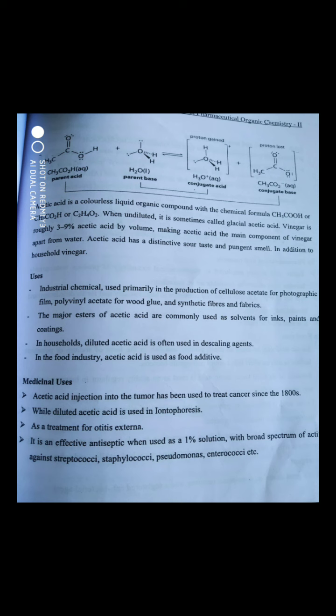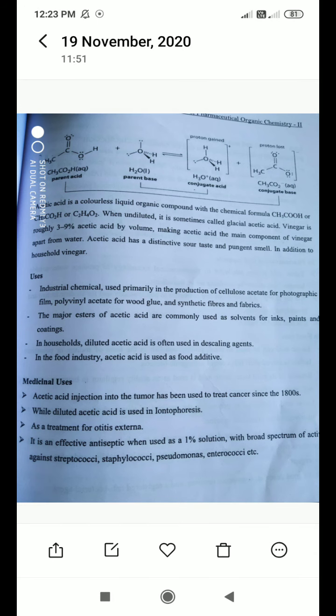Whenever a particular localized cancer cell or tumor is there, this acetic acid injection is given for treatment or curing, to vanish that particular symptom. For that purpose this acetic acid can be injected into tumors. Tumors are cancerous cells.